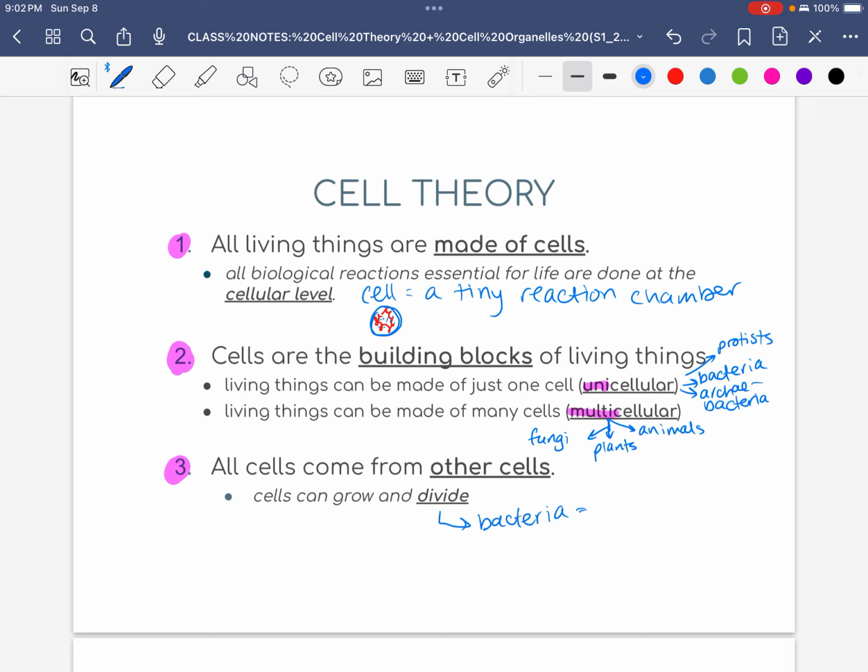They do that through the process of binary fission. And if they are multicellular, then they typically go through the process of cell division or the cell cycle.